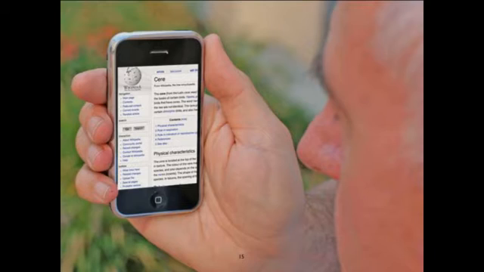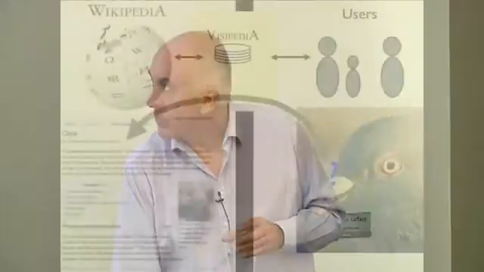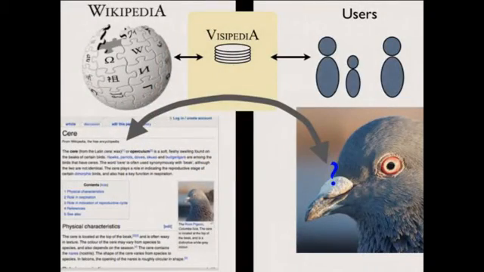And this is precisely what we're doing when we ask a friend who knows about birds, what is that? It's as simple as that, and we want to be able to access information. And so it feels like what we want to do is to build a bridge across this divide between information and pictures. And so we call this bridge the Visipedia, which is a play on the word Wikipedia.